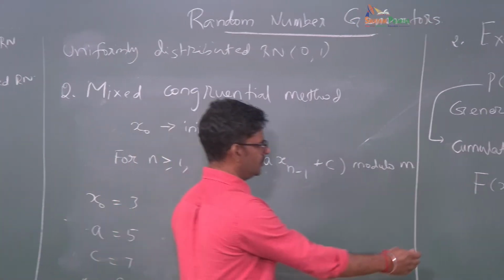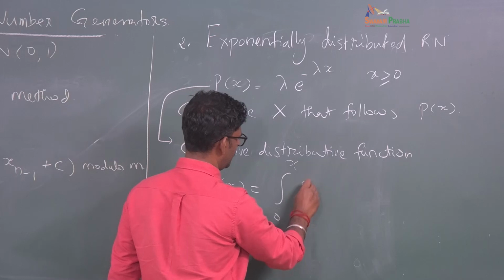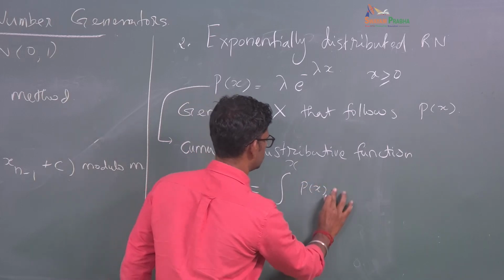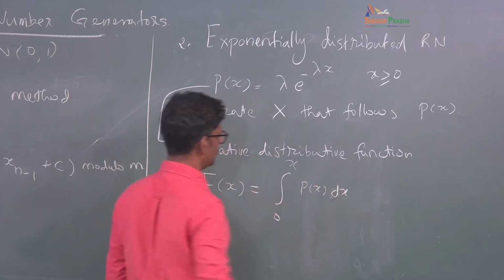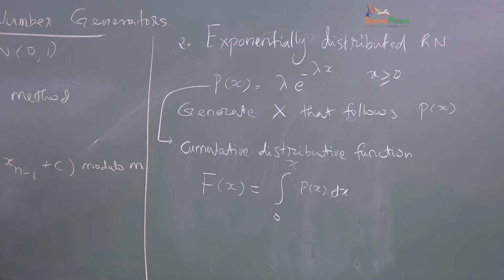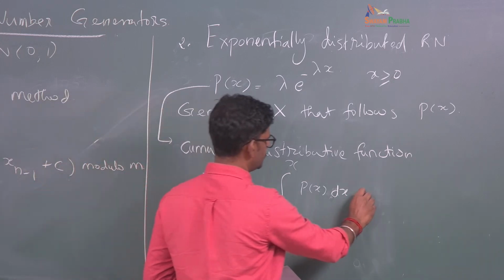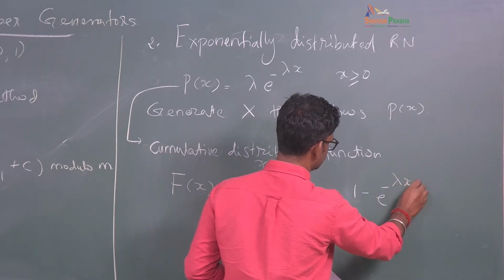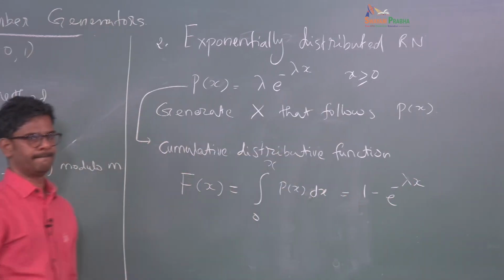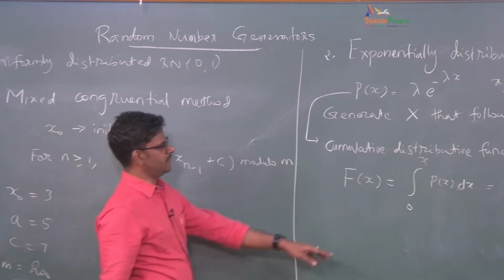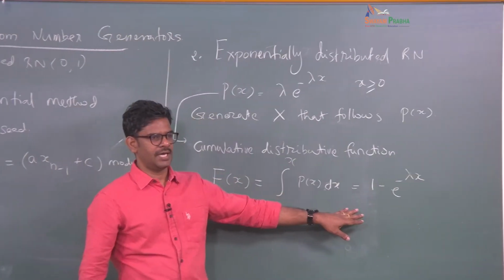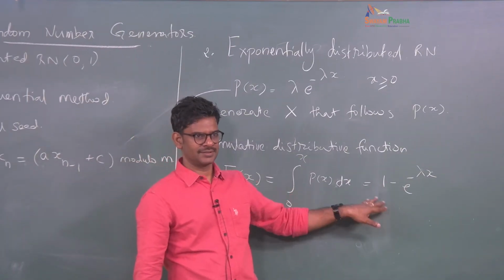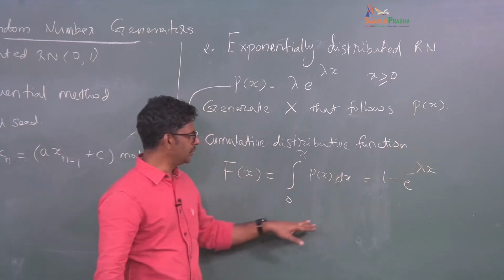So from 0 to some x, we integrate p of x dx. This is the cumulative function, and if you do this, you will see this is 1 minus e to the power minus lambda x. This gives me the probability of having a value x or less by this function. So it smoothly goes from 0 to 1.